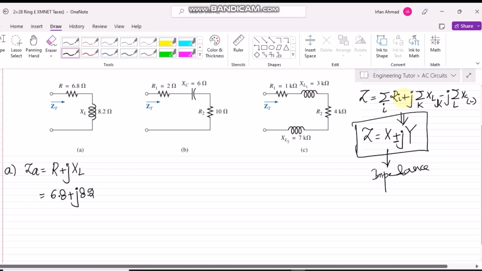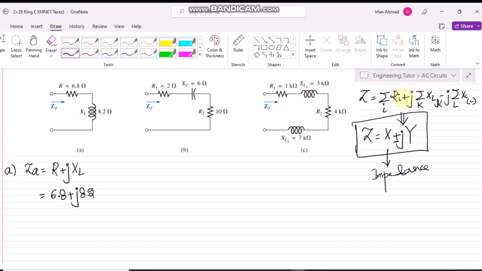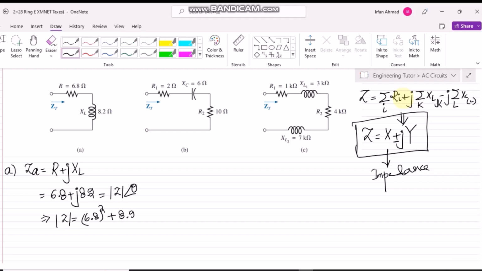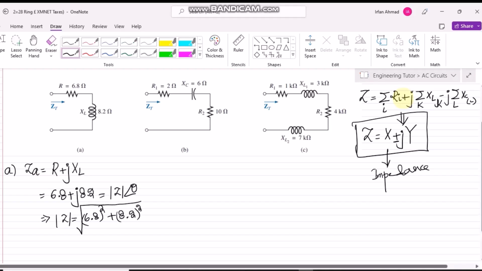Okay, so that is basically the impedance in rectangular form, and we can very easily calculate it in the polar form as well. If we want to represent it in the polar form, we will write it like Z and theta. The amplitude of Z is basically the square root of 6.8 squared plus 8.2 squared.